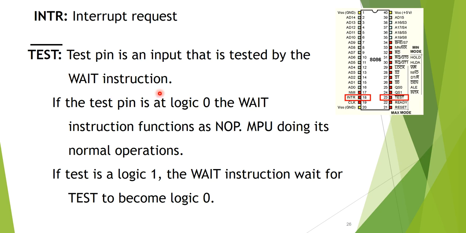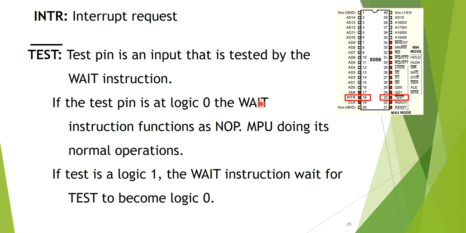That means when the microprocessor is executing the WAIT instruction, it has to check the status of the test pin. If the test pin is at logic 0, then the microprocessor will do its normal operation.